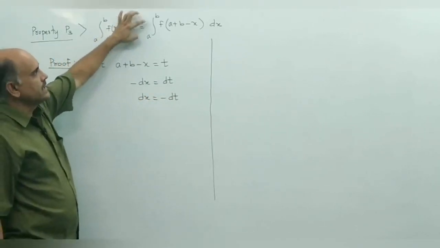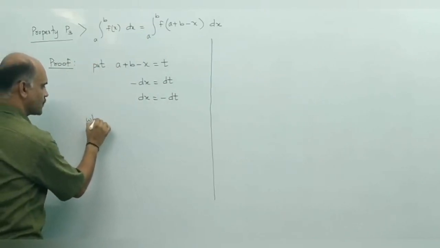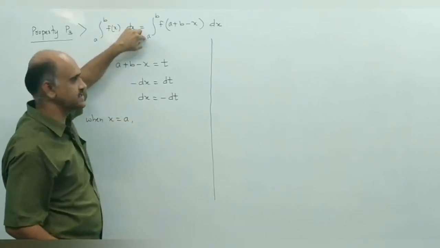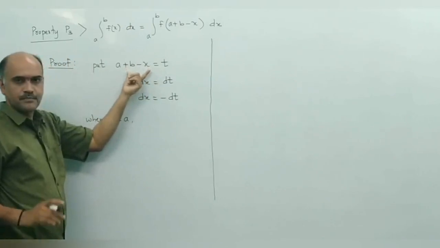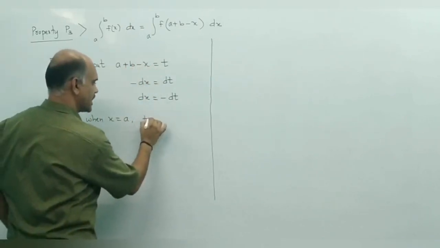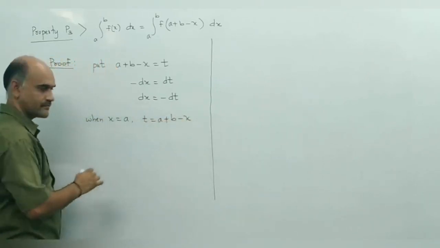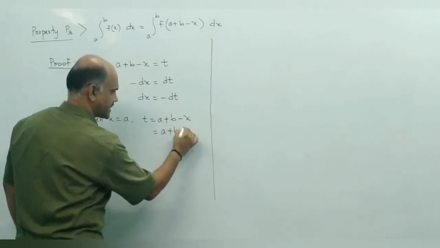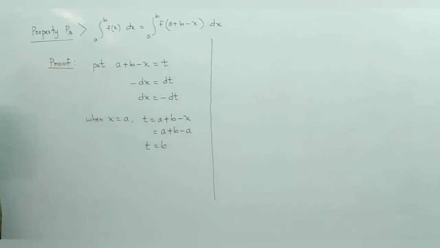Now accordingly the limits also change. When x is equal to a, if I take the lower limit x is equal to a, substitute in this expression. You have t is equal to a plus b minus x. If I substitute, a plus b minus a, the a gets cancelled, you will get t is equal to b.